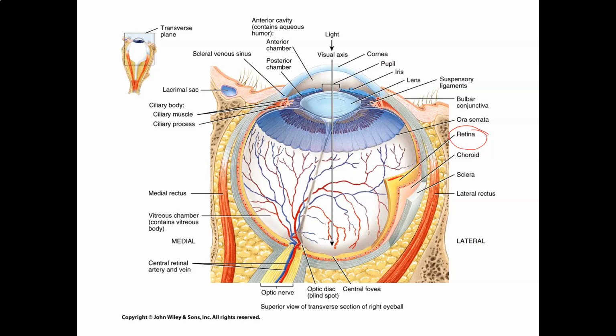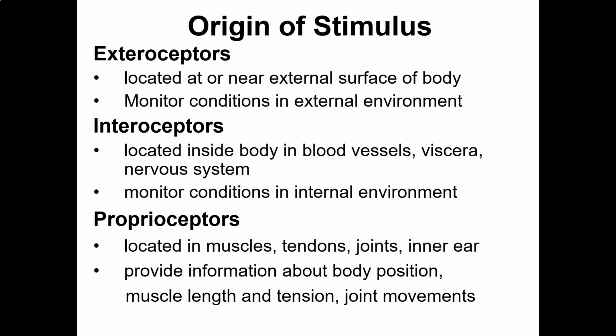It doesn't even extend to the front of the eye. It stops around here. So that's where you find the sensory receptors, but there's so much more associated with the eye. So that's obviously far more complicated than bare dendrites. So that's an example of the complex receptor. The ear would be another one.